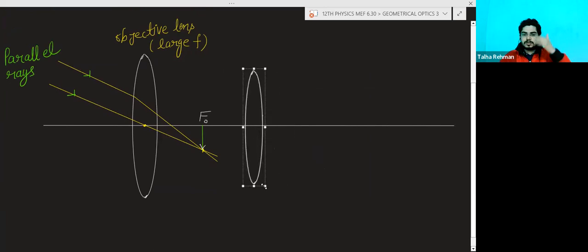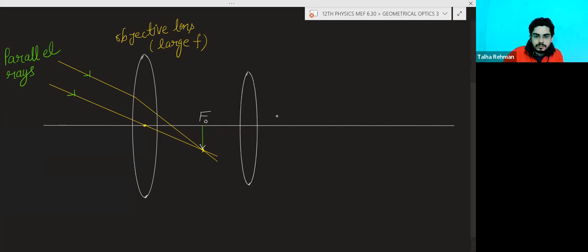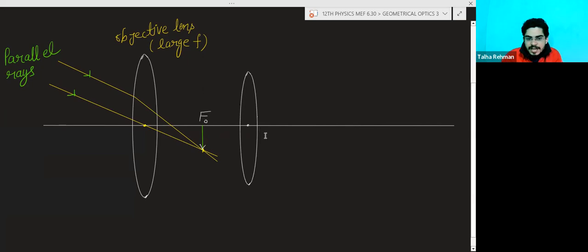Okay. So this is the eyepiece lens, and this image is adjusted in such a way that this image is forming between the optical center of the eyepiece lens, and the focus of the eyepiece lens.